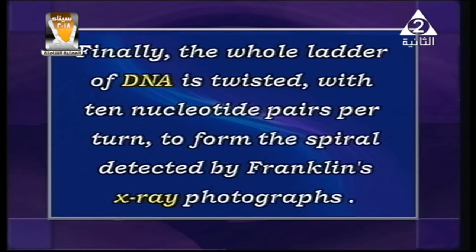And here is the integration between the scientists' experiments. They got a lot of information from the X-ray diffraction technology carried out by Franklin, and Watson and Crick put the final imaginary form or structure for the DNA.